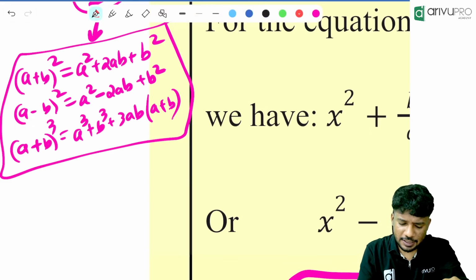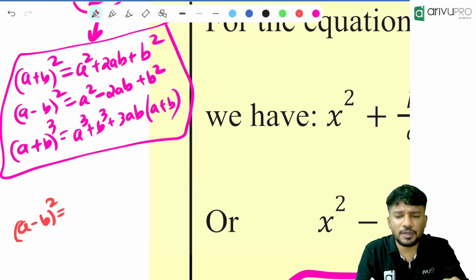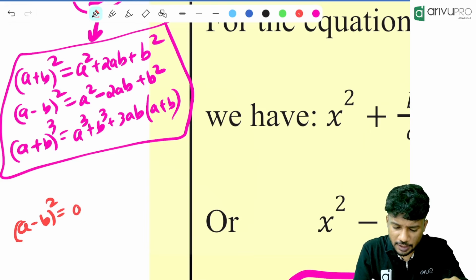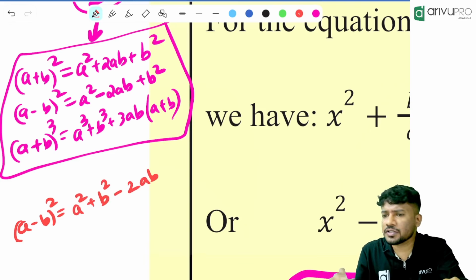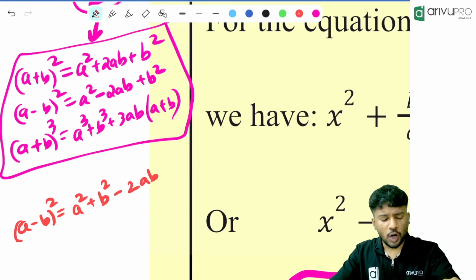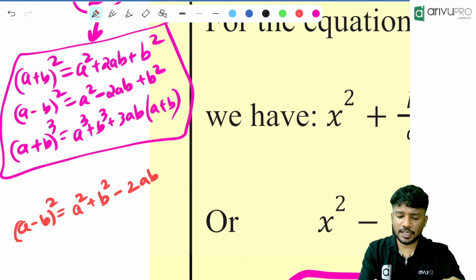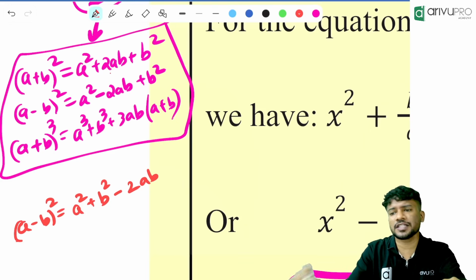I am writing a minus b over here, a minus b the whole square. What is the formula for a minus b the whole square? A square plus b square minus 2ab. Correct? Now, what is the formula for a plus b the whole square? That is a square plus 2ab plus b square.